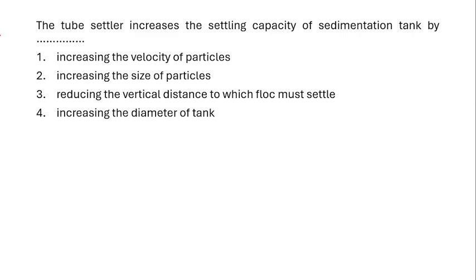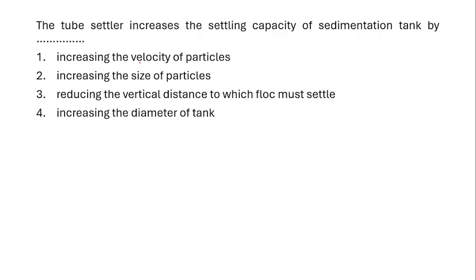Next question is the tube settler increases the settling capacity of sedimentation tank by. So the tube settler is going to increase the settling capacity by increasing the velocity of particle, increasing the size of particle, reducing the vertical distance to which flock must settle, increasing the diameter of the tank. So if you increase the diameter of the tank, the settling capacity will not increase.